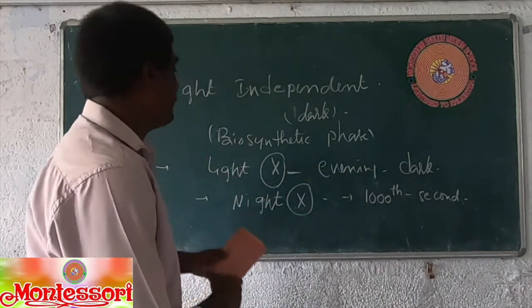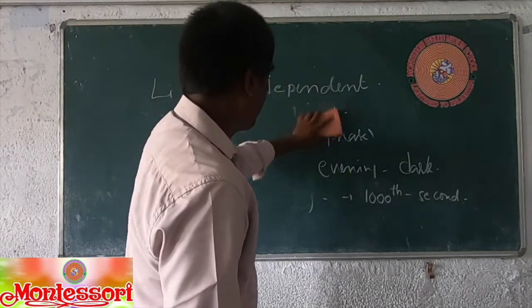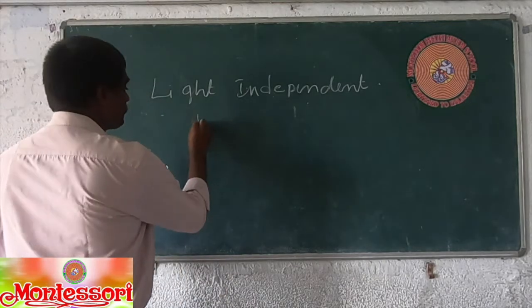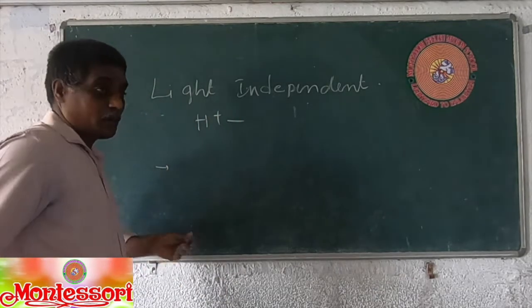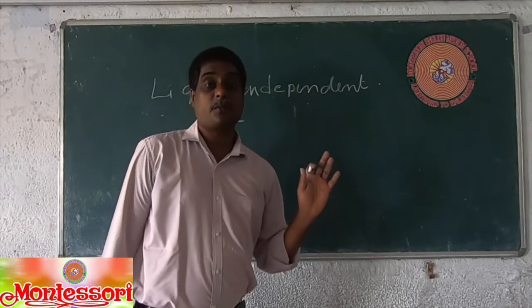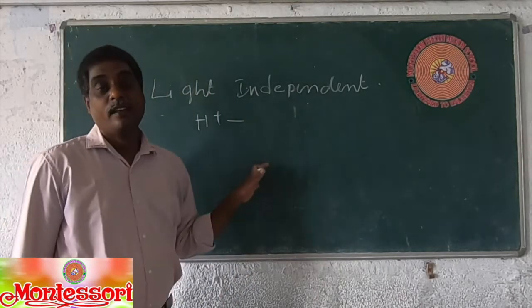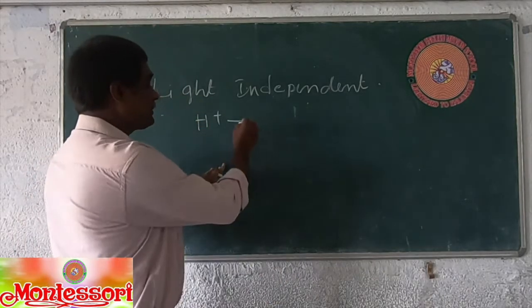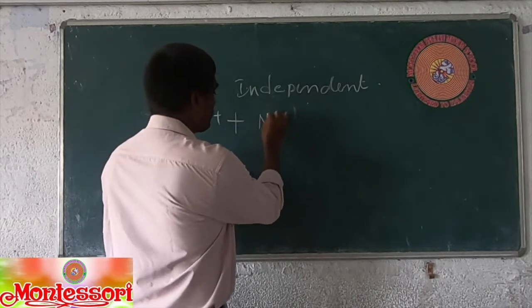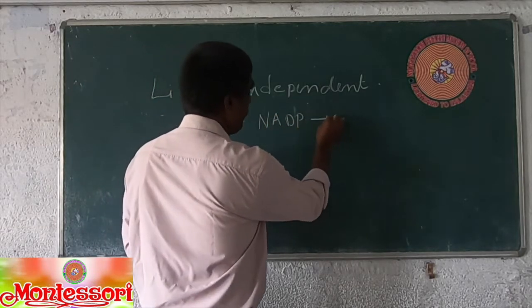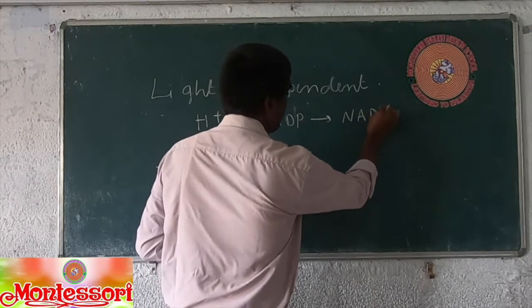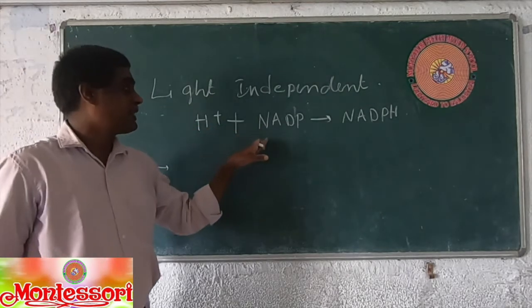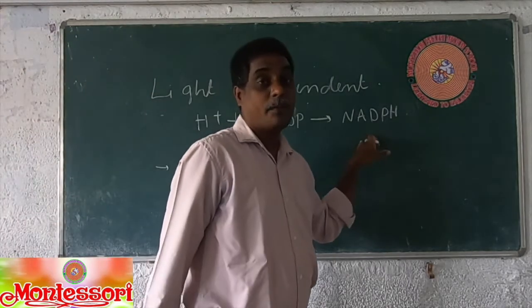So in the light independent reactions, what will happen? The H plus ions from step 2 reactions participate in the light independent reactions. During this process, these H plus ions fuse with NADP and form NADPH.